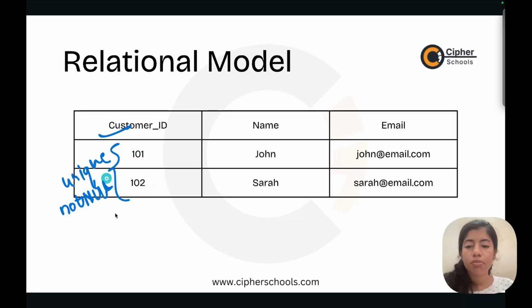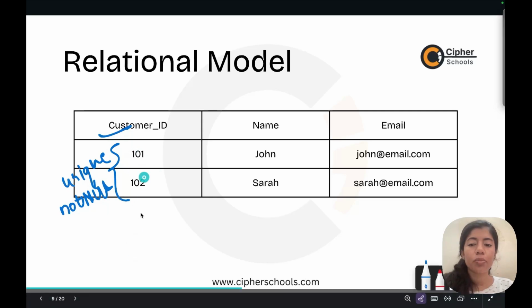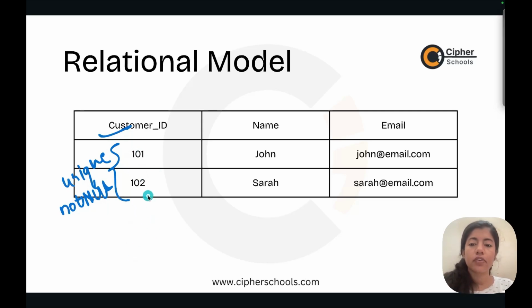No entry in this column should be empty. It should have some value, and this value should not be a duplicate. You need to have it unique. And this is what we call a primary key. We discussed it.